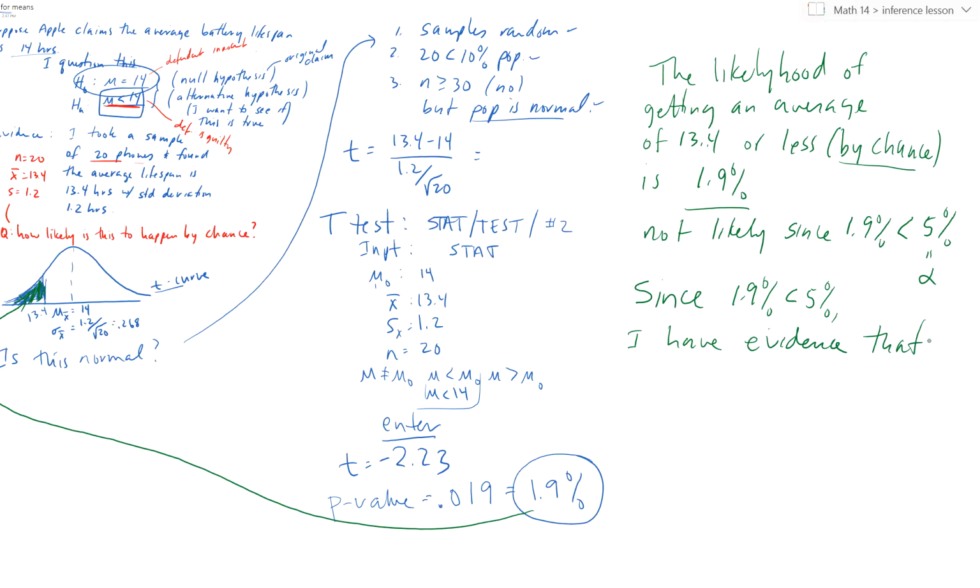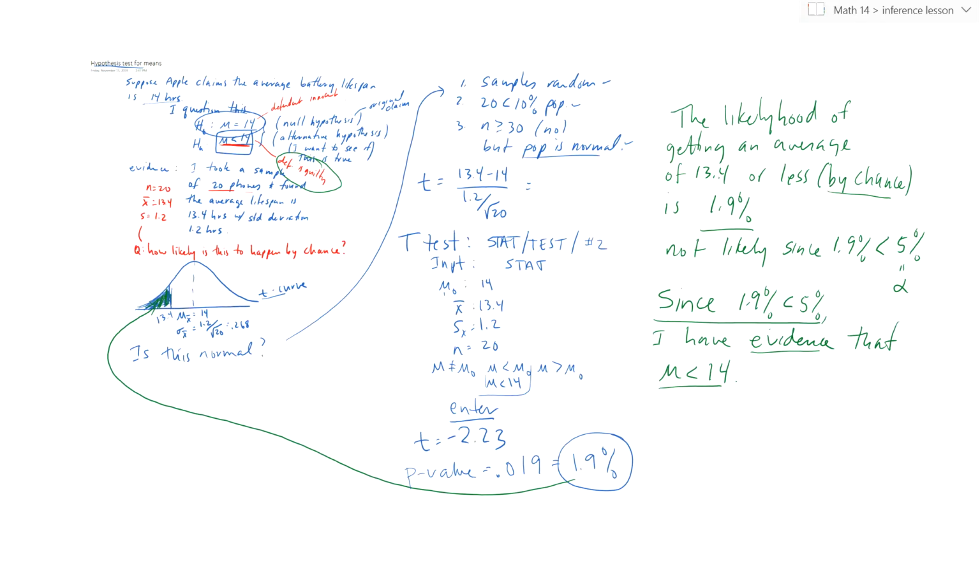What do I have evidence for? What if I have compelling evidence in a trial? I say they're guilty, don't I? So I have evidence that mu is actually less than 14. Okay, these are the two parts you need to say. You need to tell me your cutoff. That's beyond a reasonable doubt. And so then what do you have evidence for? I have evidence for mu less than 14.